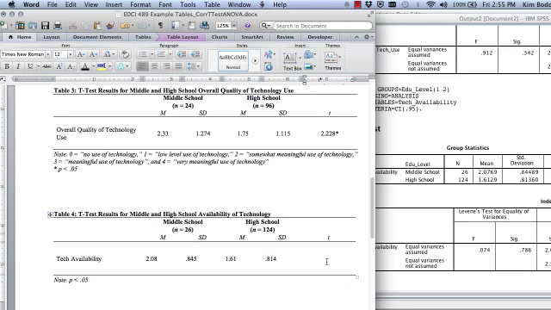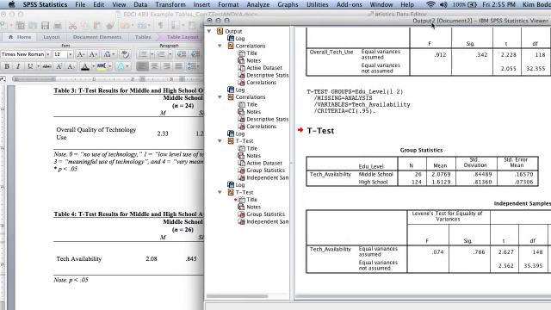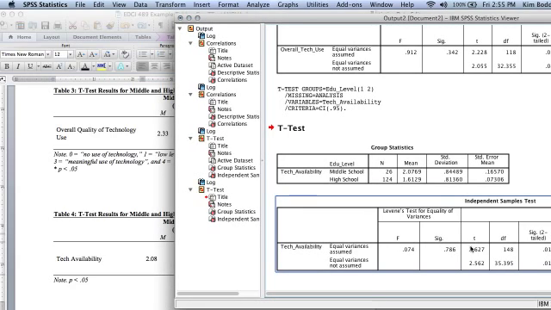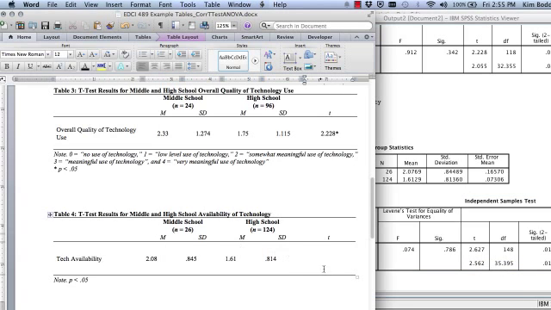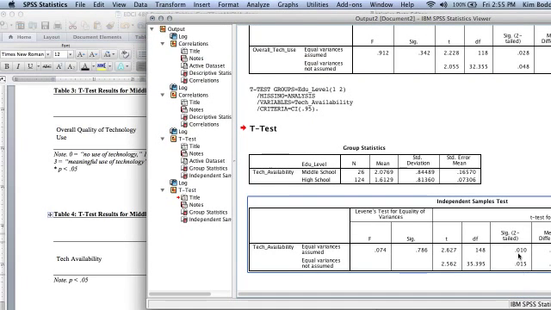My t-value, remember we said this is the only value that I'm really going to take out of this table directly, and my t-value is right there. It's that top one. I'm using the top row, so 2.627. I'm going to put the whole thing, no rounding, all the digits. And then remember we said that our significance value, or our p-value, is 0.010.